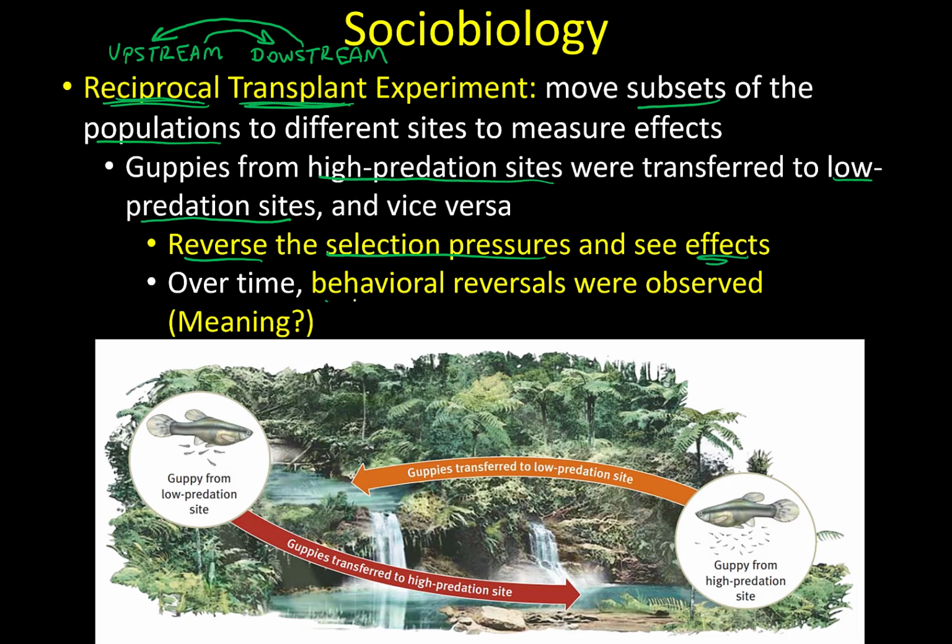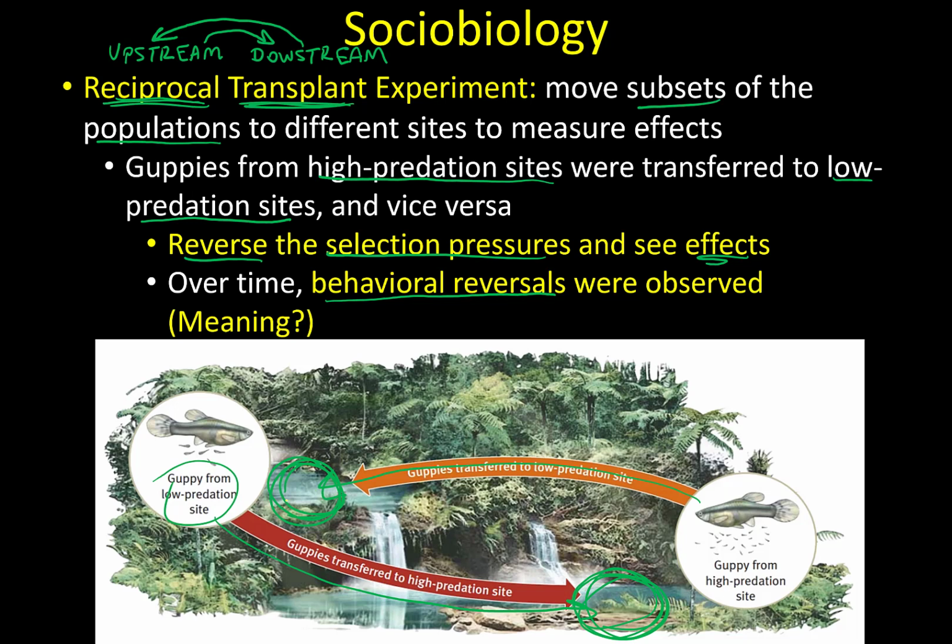Over time, behavioral reversals were observed. What does that mean? It means that guppies from low predator sites that were transferred to a high predator site took on the characteristics of the guppies that had always lived in those high predator sites. Guppies from the high predator site, when transferred to the low predator site, also over generational time took on the characteristics of guppies that had always lived in the low predator site.